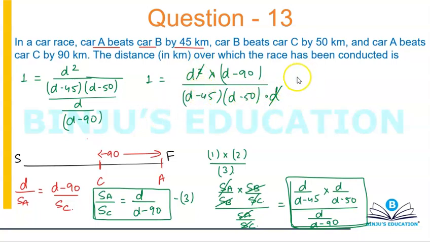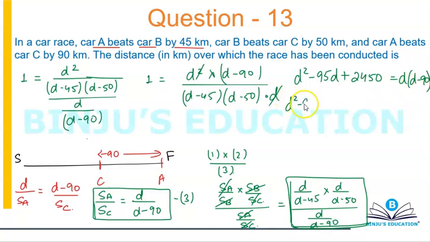So you will have D square minus 95D plus 50 into 45, and on the right we will have D into (D minus 90).